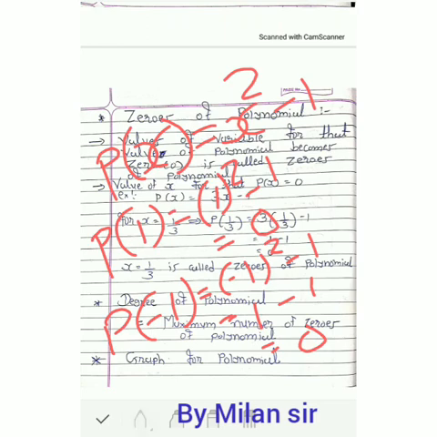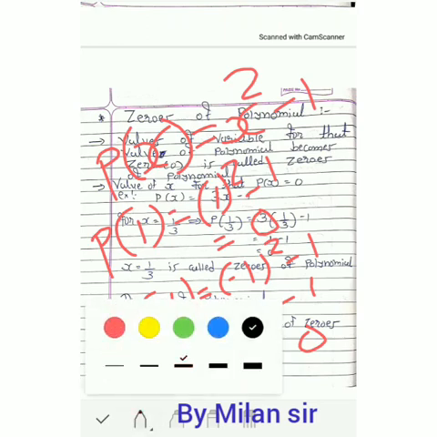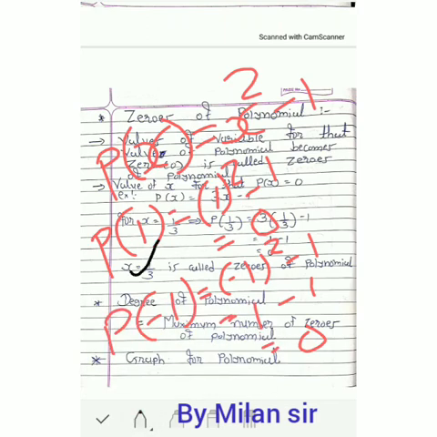Now if you take x is equal to 1, then your answer p of x is equal to 0, and for minus 1 also your answer is 0. So by the definition you can say that x is equal to 1 and x is equal to minus 1 are the zeros of the polynomial.